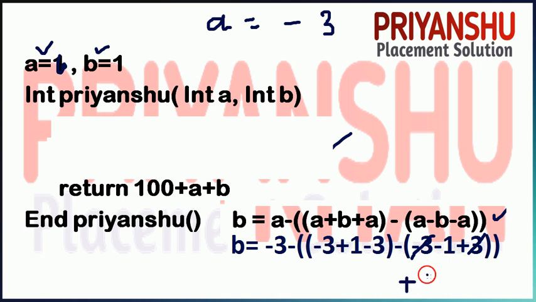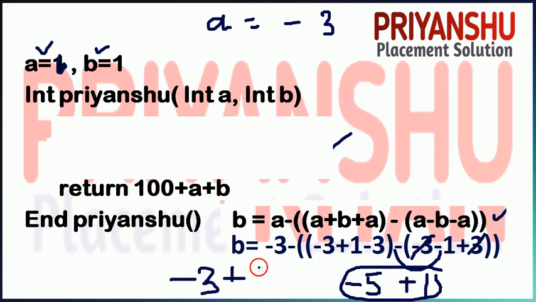Then minus 3 and minus 3, minus 6 plus 1, minus 5 plus 1 means, friends, minus 4. Then minus 3 minus 4 means plus 4, then it gives 1.